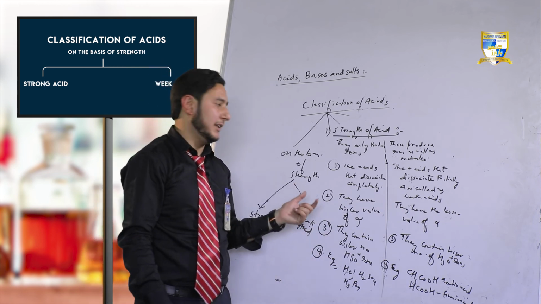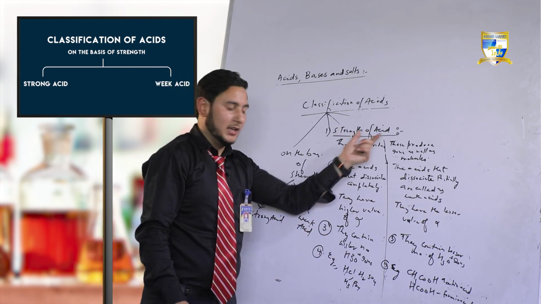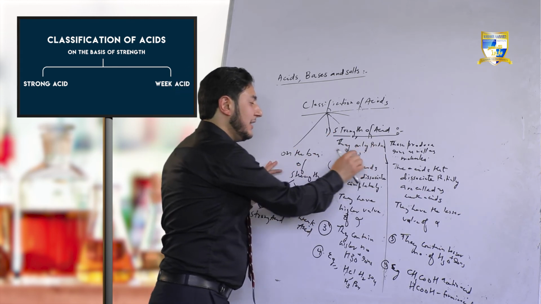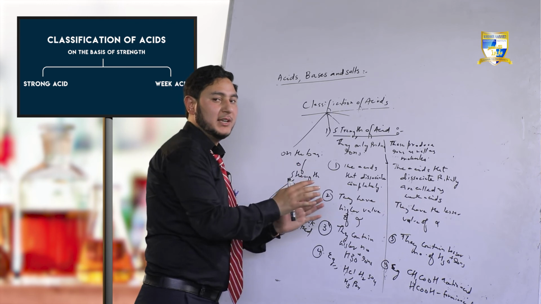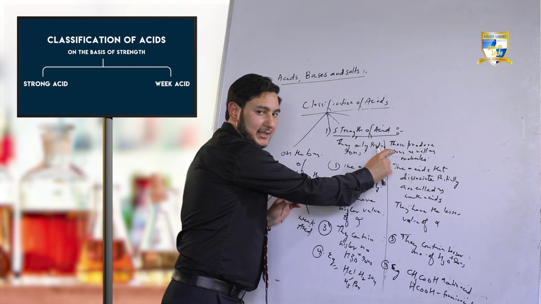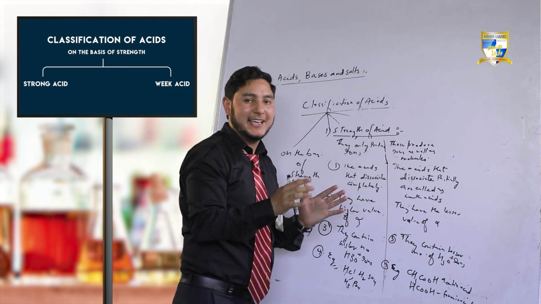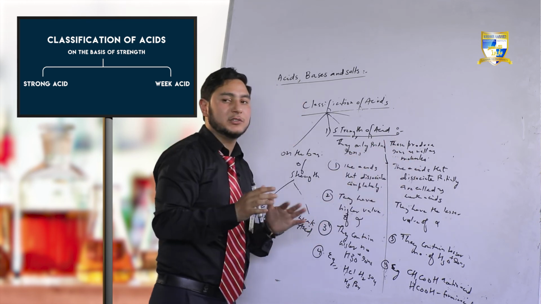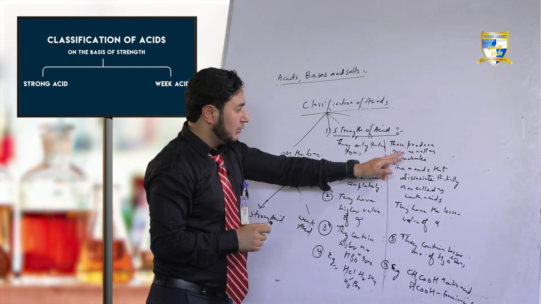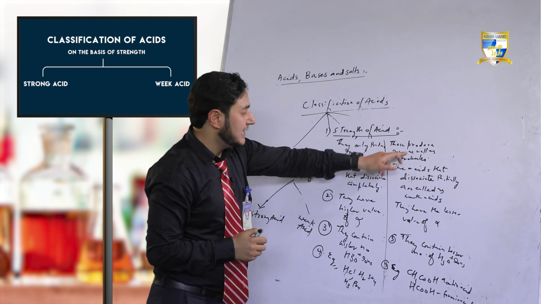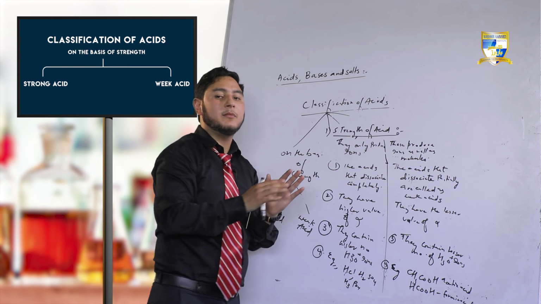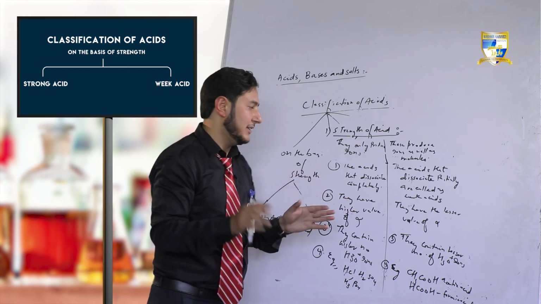I am repeating again: strong acids, when they dissolve in water, produce only ions. They don't produce molecules in the aqueous solution. While weak acids produce ions as well as molecules. If a weak acid is dissolved in water, it produces ions in the solution as well as molecules, while if we look at the strong acid, there will be only ions in the aqueous solution.